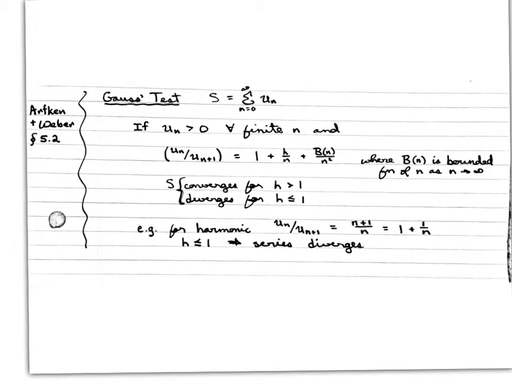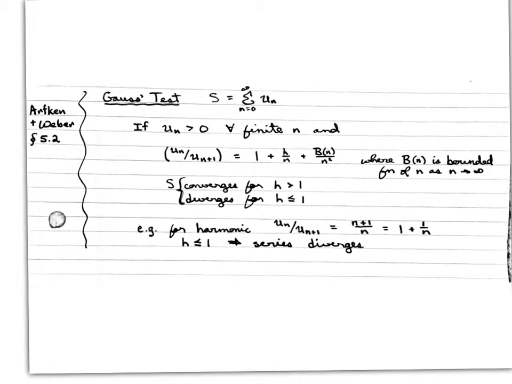So as n goes to infinity, this function b can't become infinite itself. It has to be bounded by some finite value. So we have several restrictions here. Gauss's test only works if this restriction and if this restriction are met.